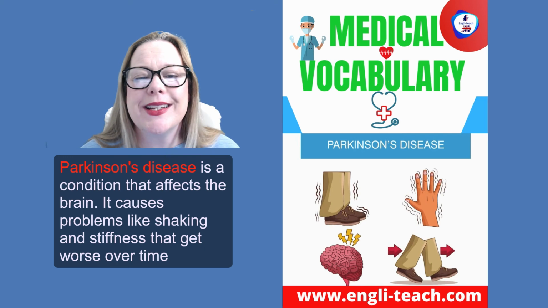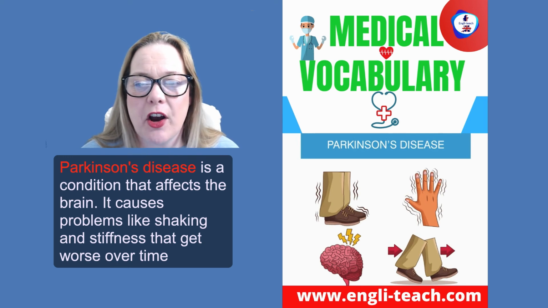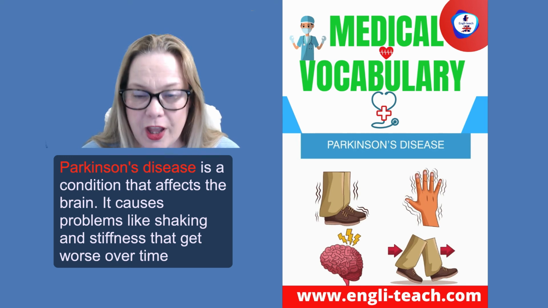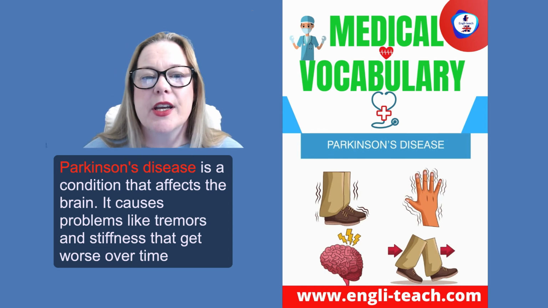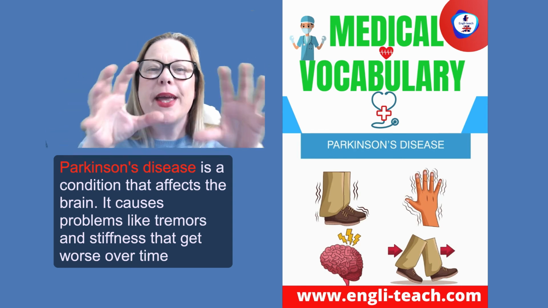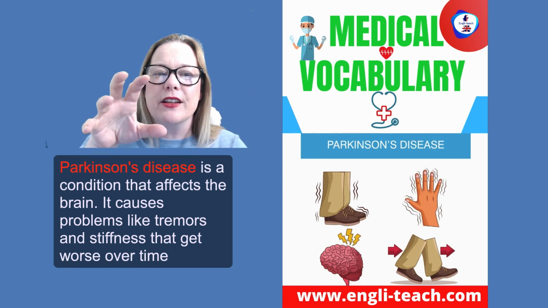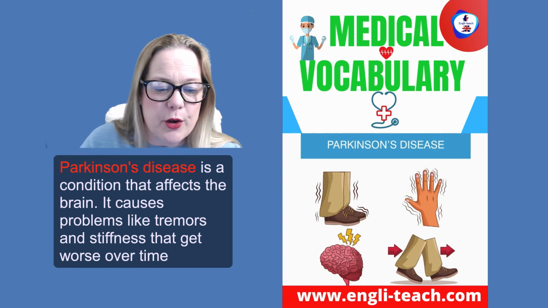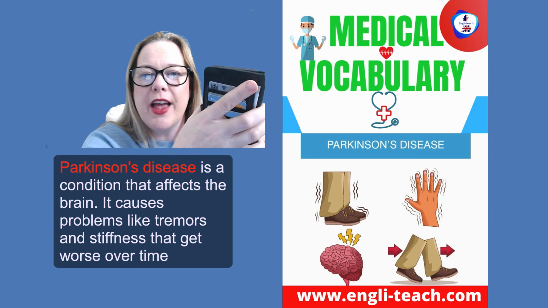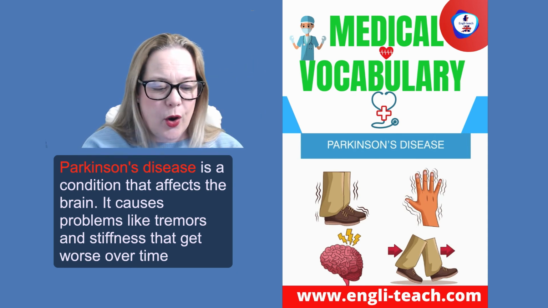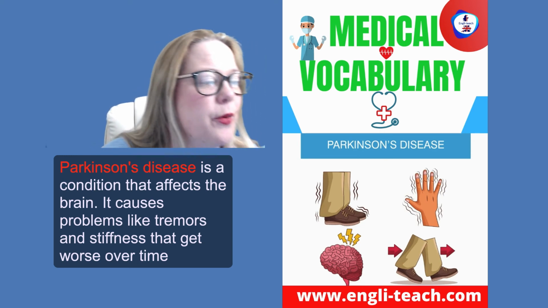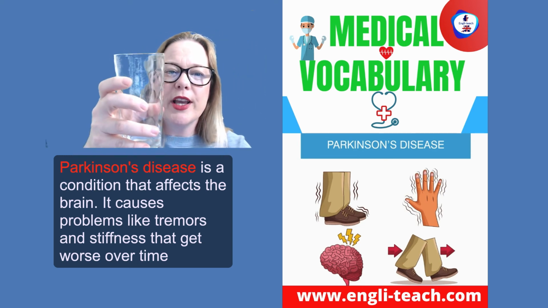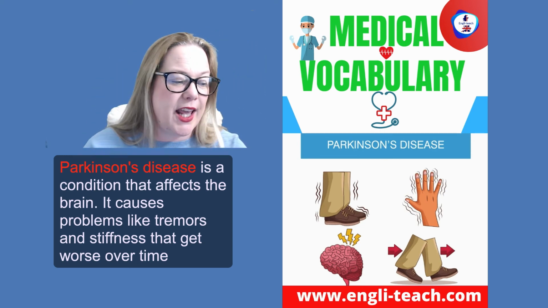Now, I wouldn't necessarily say shaking, I would say tremors. A tremor isn't a big shake, it's like little. So maybe they go to pick up their phone and they're like this, or they can't really hold a glass very well, they're quite shaky.